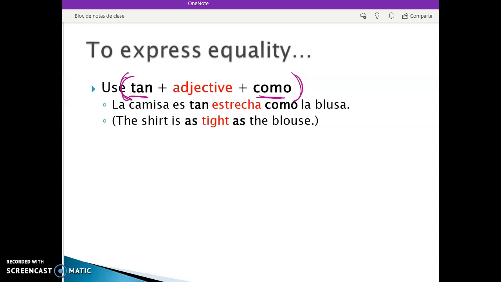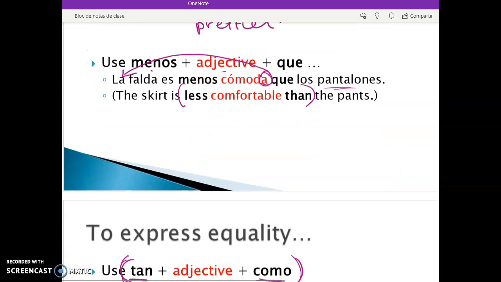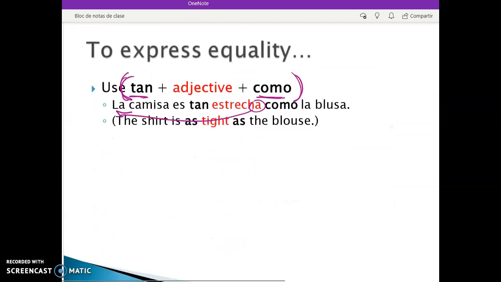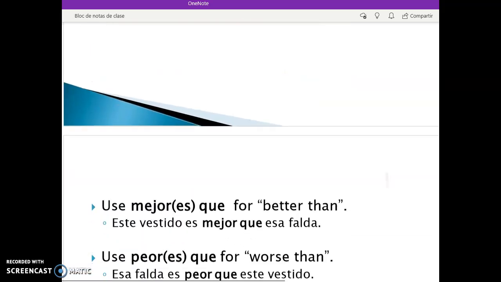And the rule still applies, estrecha, feminine, because la camisa, our first noun, is feminine. All right, so you'll notice that these two previously, they have the word que in them when you're expressing inequality. But if you came down here to see something that is expressed as being equal to, you do not have that word que. We have como instead.